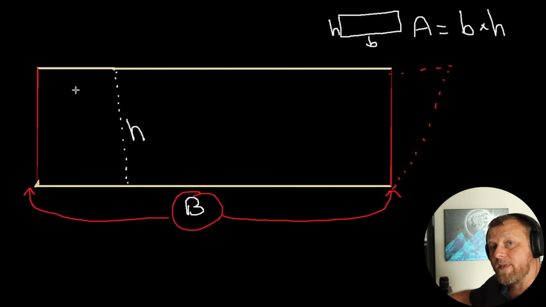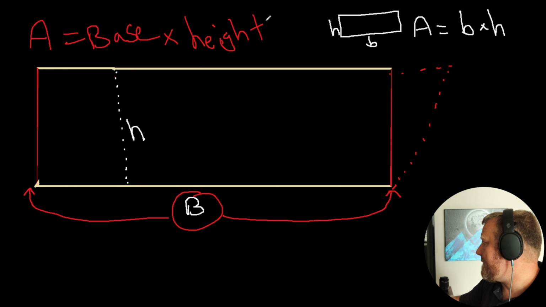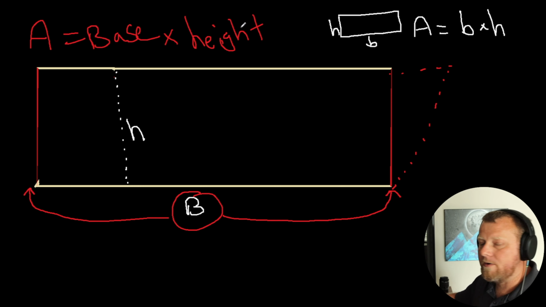But take my word for it that the formula works. So the formula for the area of any parallelogram is equal to the base times its height. Now you might see it as base times altitude or something else like that, but that's the general idea.